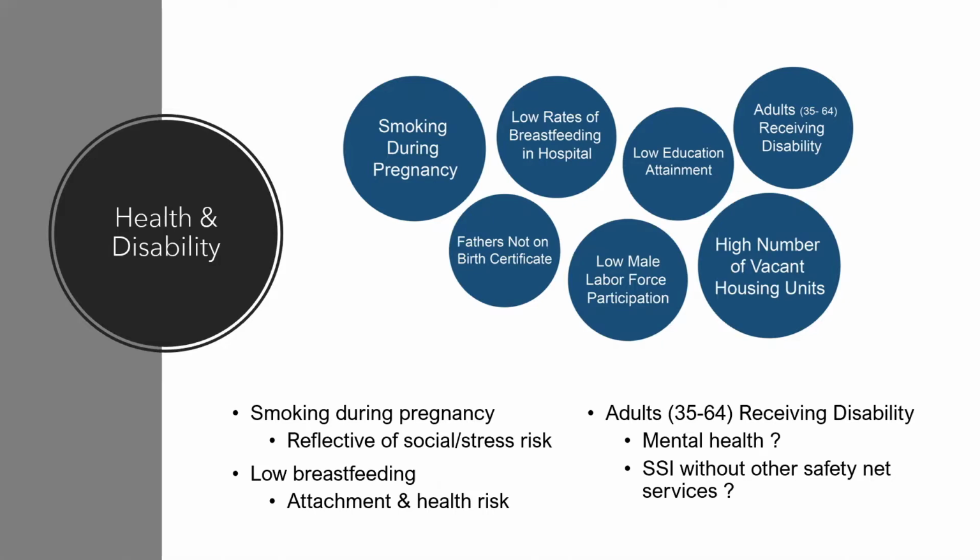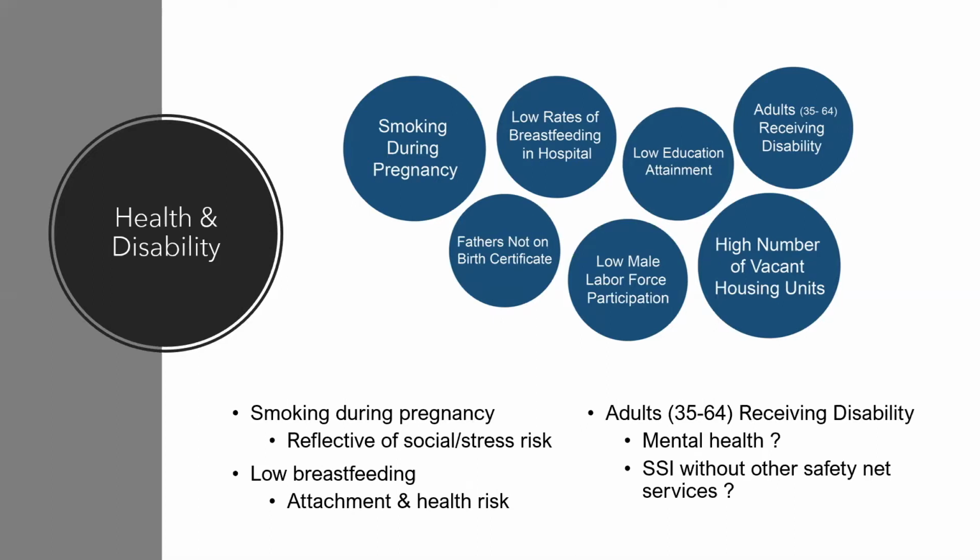This particular variable, adults receiving disability, has been one in particular that we've spent a lot of time thinking about what this means and how this relates to the risk that we see within these communities. And it's important to understand who receives disability services and who is qualifying within the state of Texas. First of all, Texas is a very low state for receiving disability services.